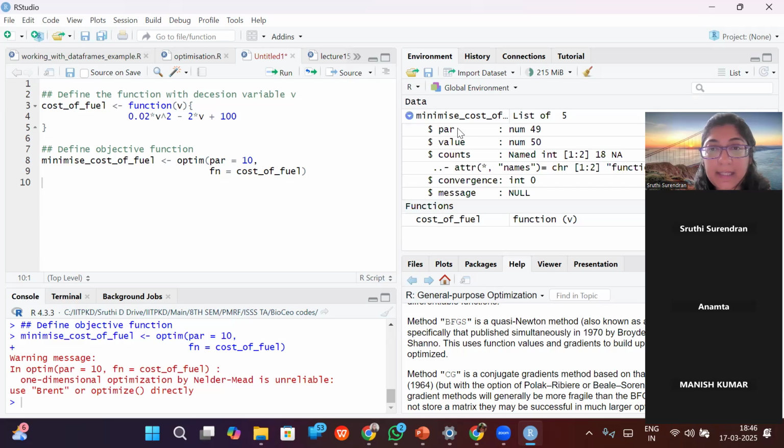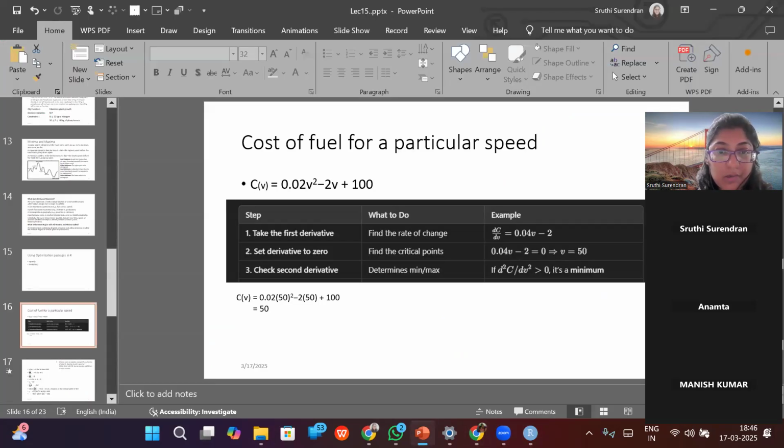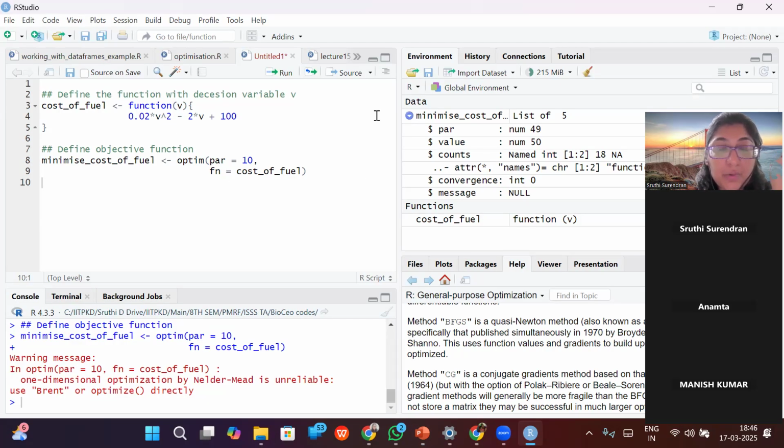So here we are getting that the parameter has to be of value 49, then you will get the value equal to 50. So here they are saying that if the parameter, that is V, is equal to 49, then you will get the cost of the fuel equal to 50.